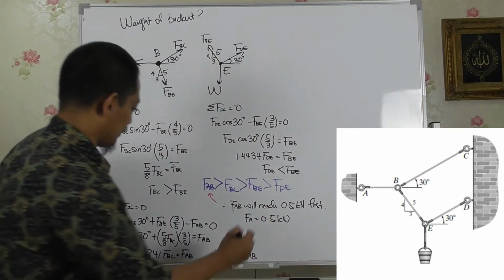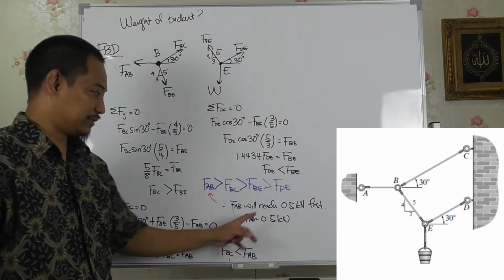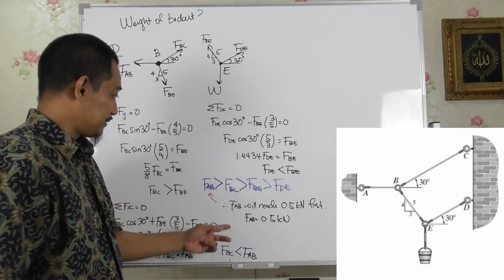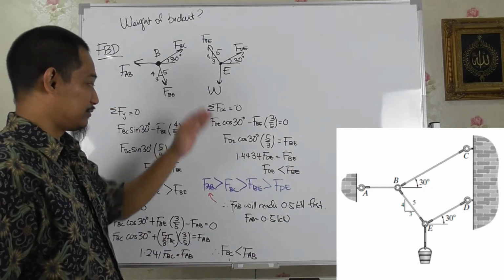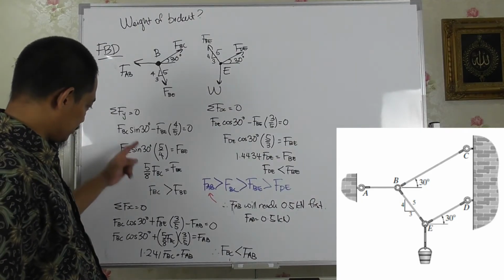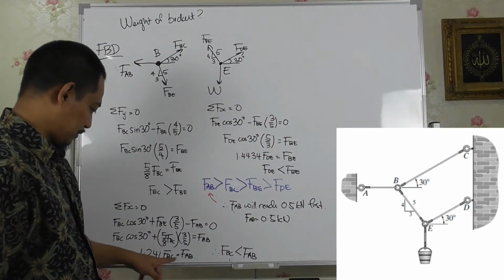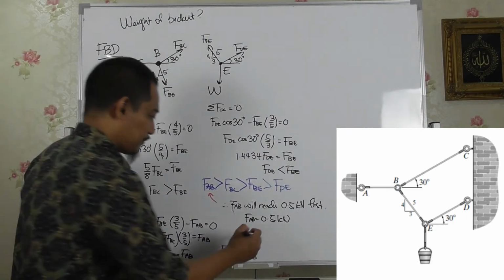This is FAB, right? FAB here is 0.5 kilonewton, and then we can start to calculate until we can calculate W. So we can just plug in everything. Now we have FAB, so now we can find FBC.